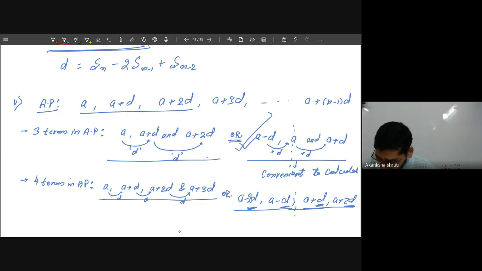For taking this as the four terms of an AP, their differences should be the same. But here, whatever we are getting, the difference is not the same. So that you have to observe. If it is coming the same, then obviously you can apply, but observe whether it is the same or not.